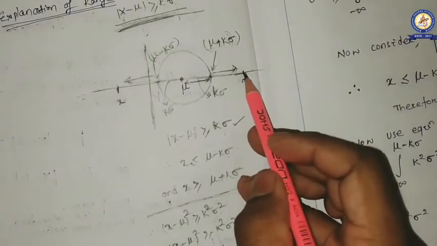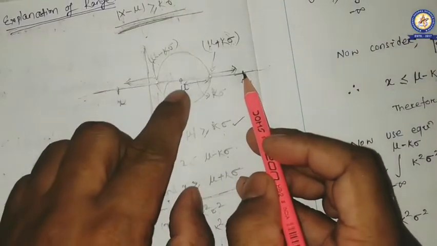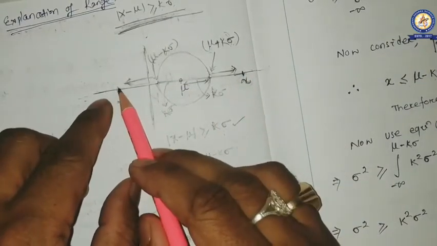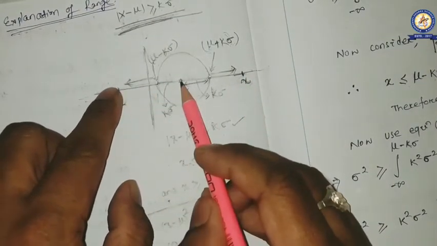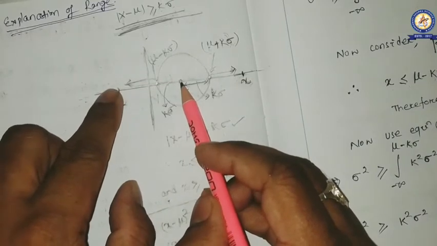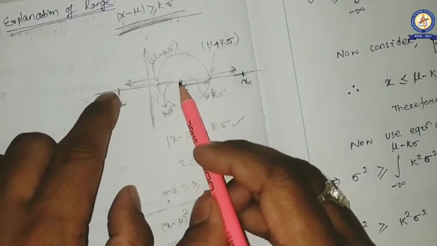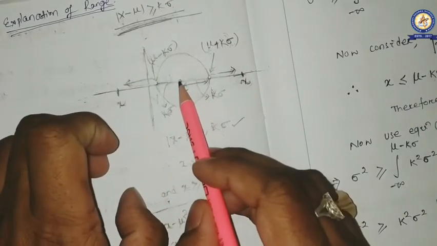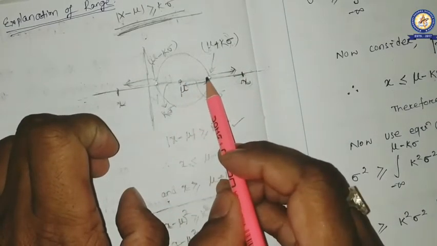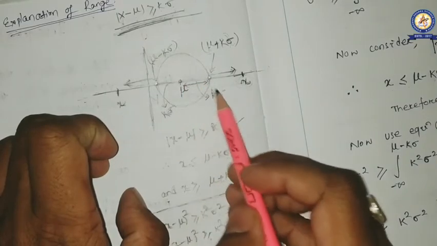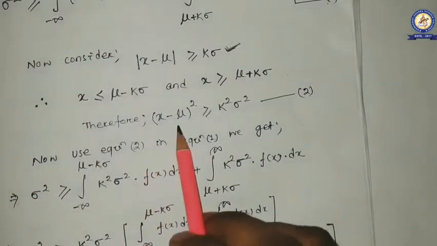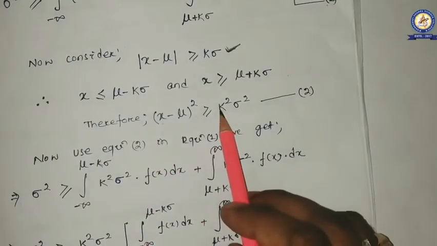Because as we saw, either I take this side, x minus mu is this distance, or if I take this side point, x minus mu is this much distance. If I consider the square of this distance, obviously that will be greater than or equal to the square of this radius, that means k square sigma square. So (x minus mu) square is greater than or equal to k square sigma square.